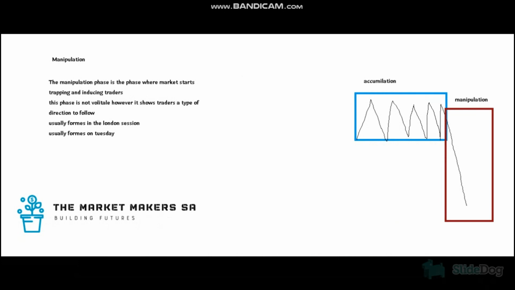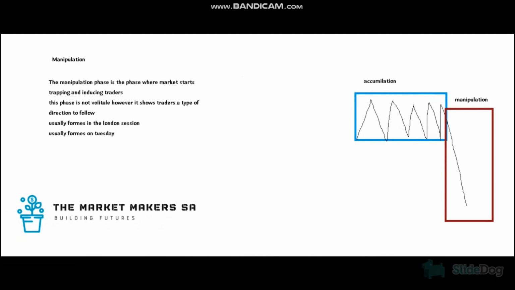This phase is not volatile, however, it shows traders the direction to follow. As I repeat, it's not a volatile stage of the market, as it's basically a way to trap. It shows direction for the traders to trade, but it's not volatile, and that is a key indicator for us that it's the trap phase.